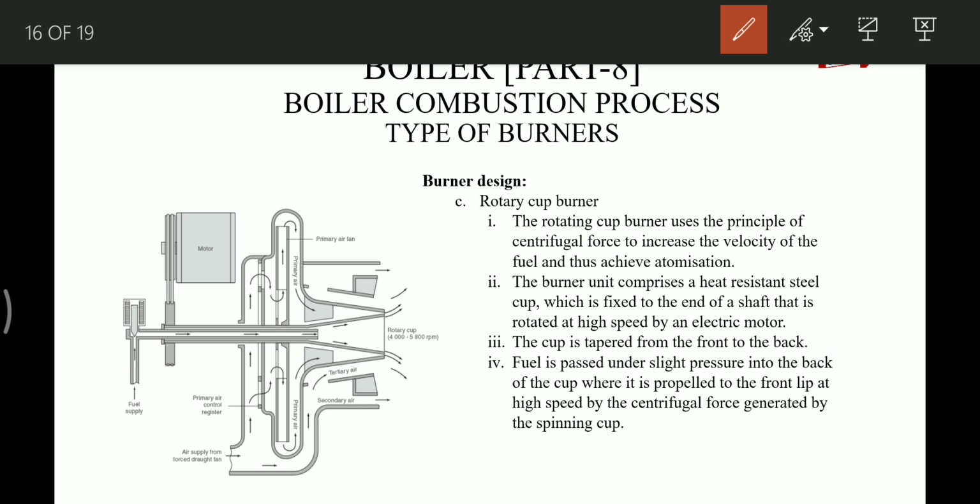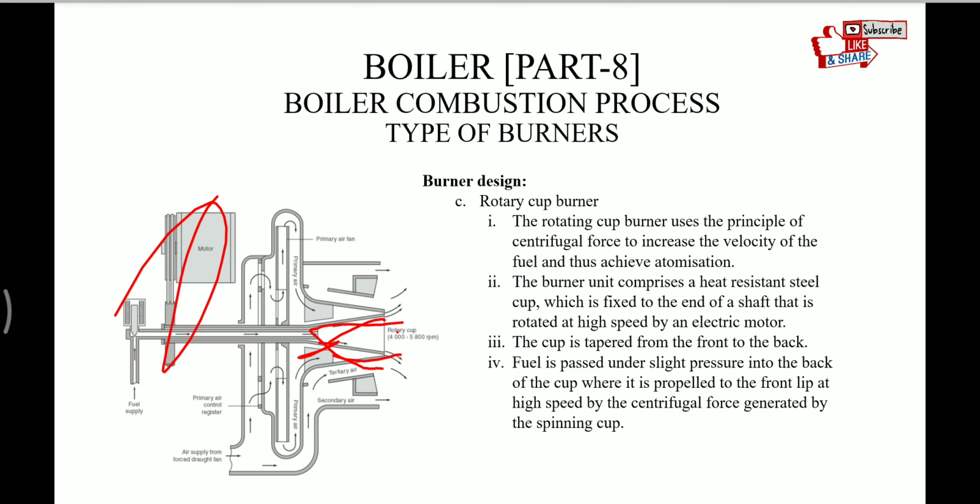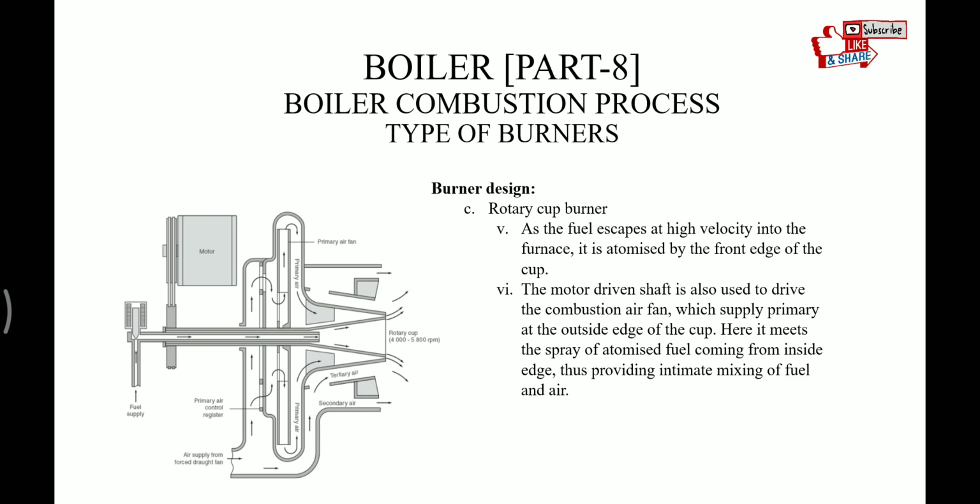So this is the cup. It is rotated at very high speed by using this motor. Oil is injected over here. As the fuel escapes at high velocity into the furnace, it is atomized by the front edge of the cup.